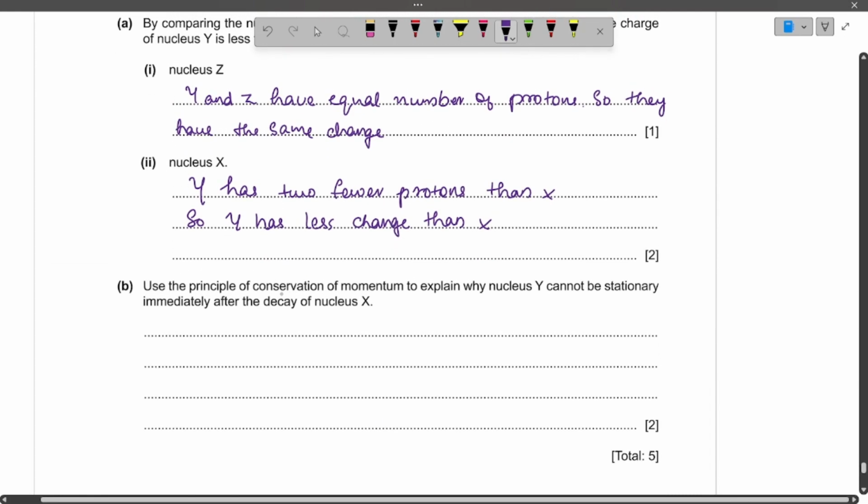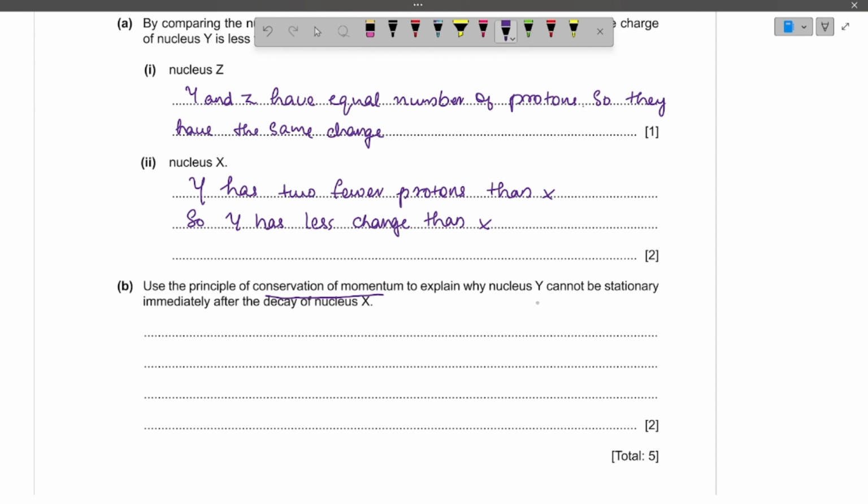Use the principle of conservation of momentum to explain why nucleus Y cannot be stationary immediately after the decay of nucleus X. Okay, so the nucleus X previously was not moving, right? It was stationary. The momentum before decay is 0. So after the decay also, the momentum must be 0, because there is always a conservation of momentum. Conservation of momentum is that the total momentum before collision is equal to the total momentum after collision.